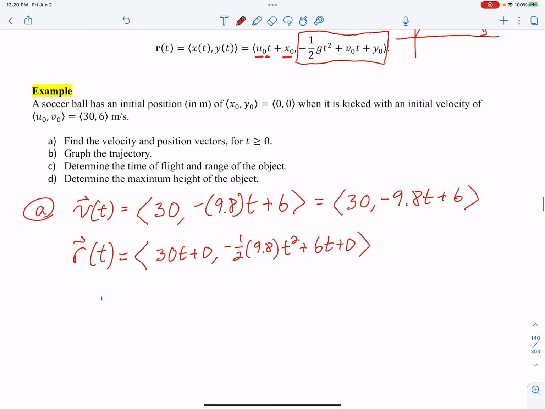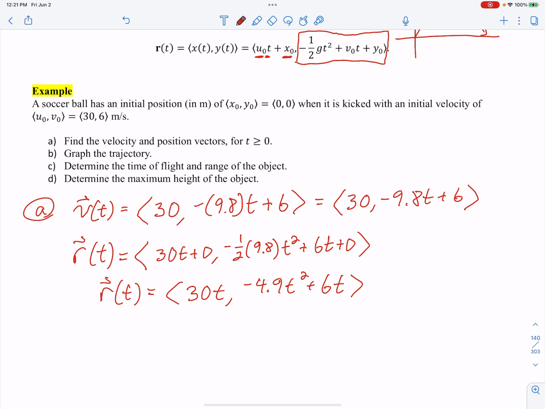I'm going to rewrite this one now to clean it up. We've got 30t, and negative half of 9.8 is negative 4.9 t squared plus 6t.